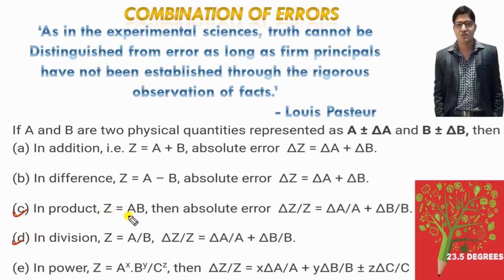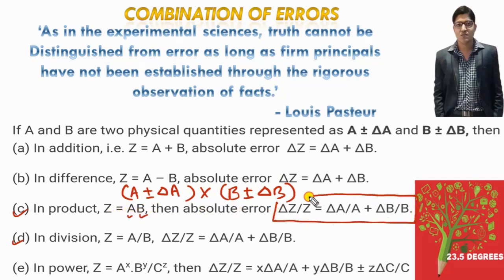Suppose you want to multiply two measured values A and B, both with proper error limit. A is something like A plus minus delta A, that is true value plus minus mean absolute error for A, and B is in the form of B plus minus delta B. Now if you want to multiply these together, then you have to remember this formula to get your result.